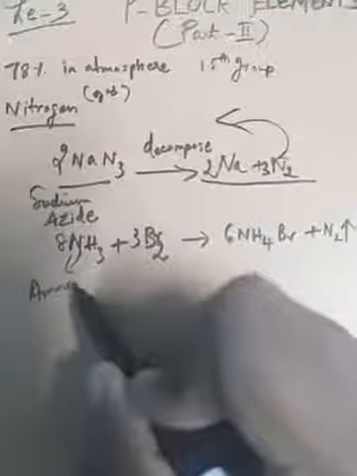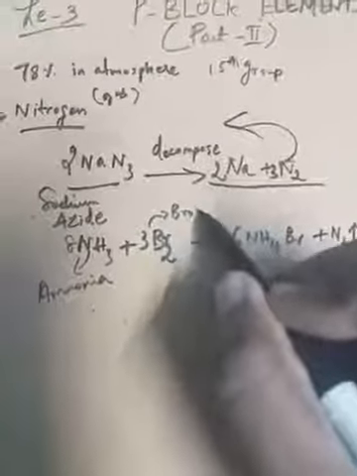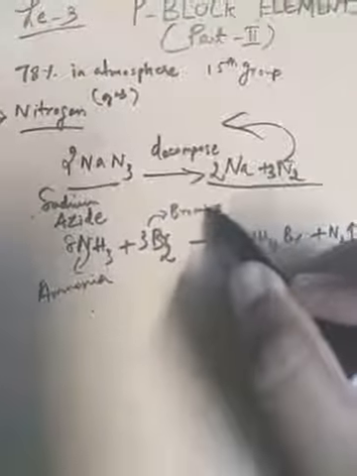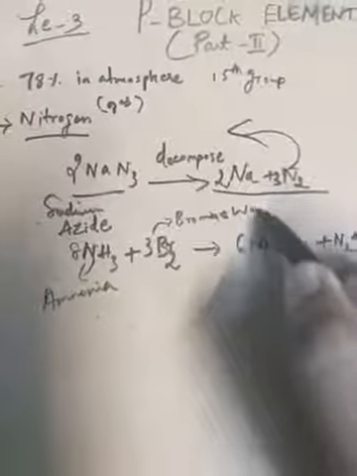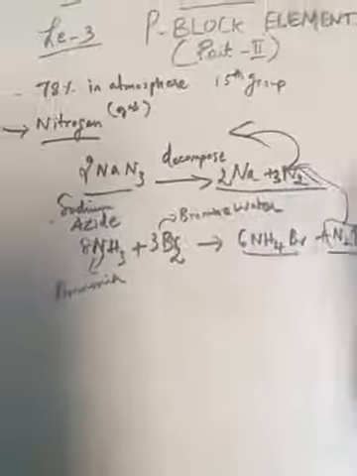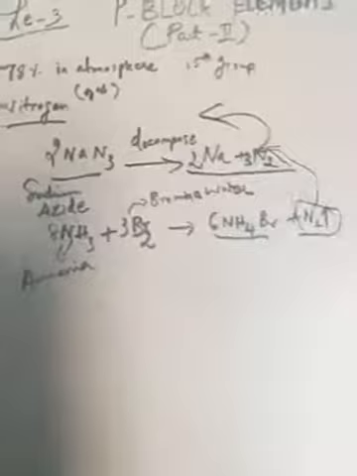This is ammonia, this is bromine water, and we have got ammonium bromide and nitrogen. This is our second preparation of nitrogen.